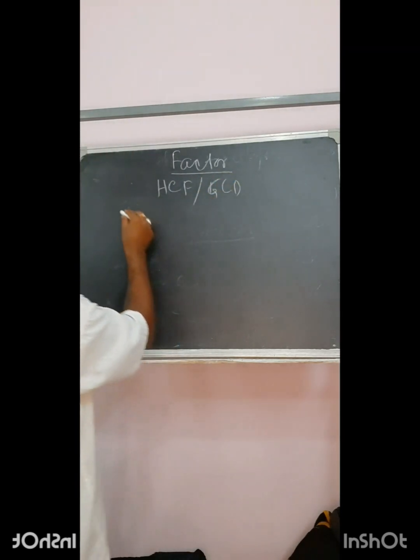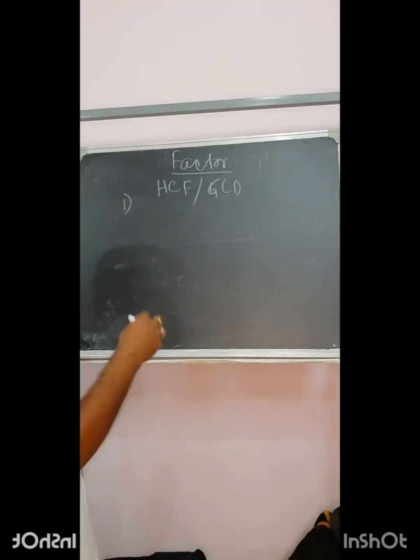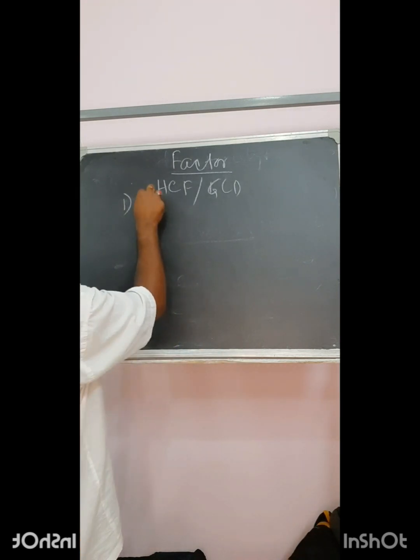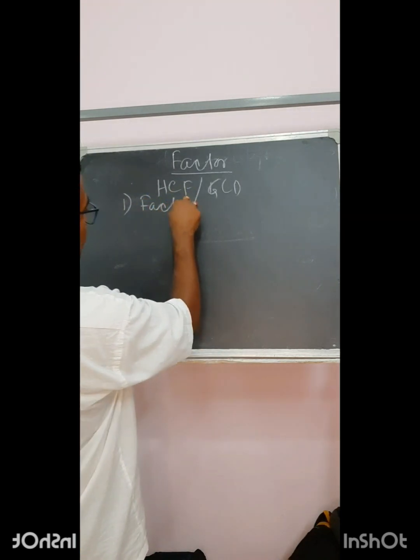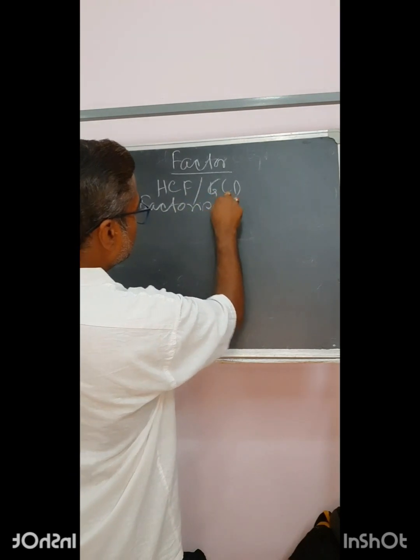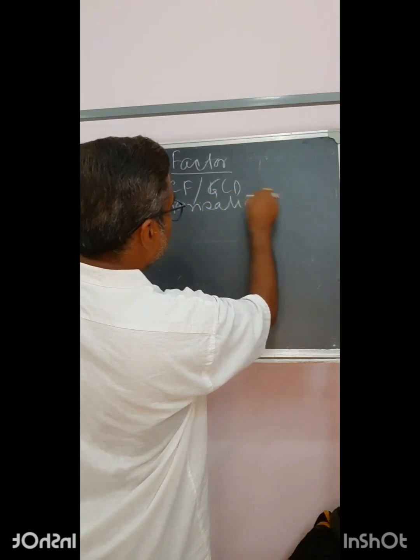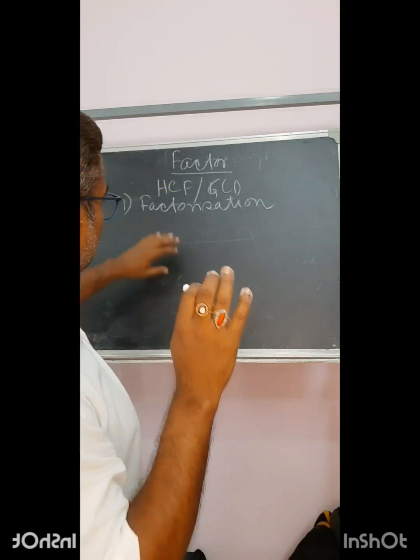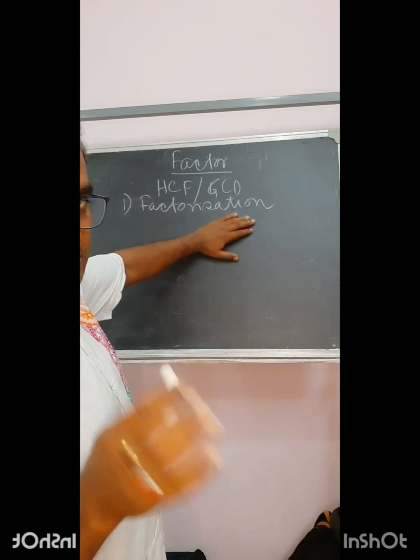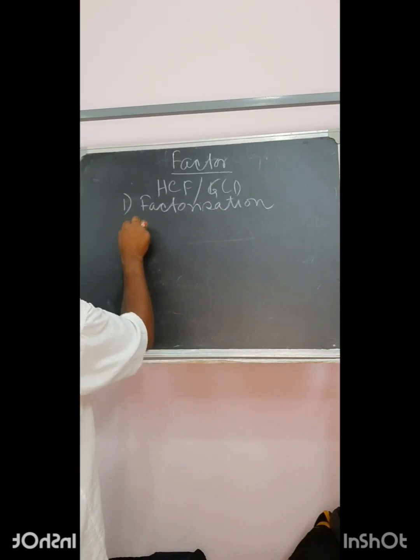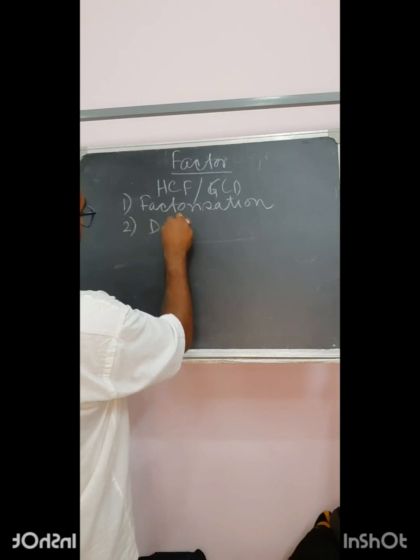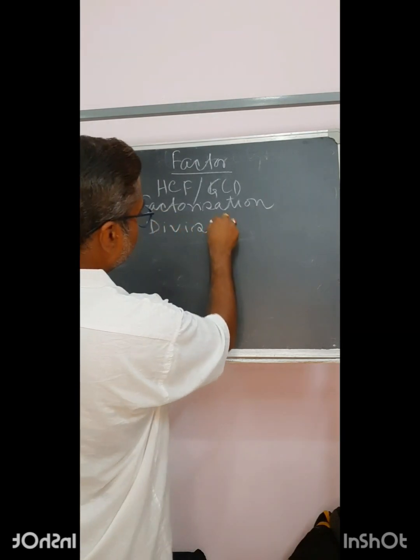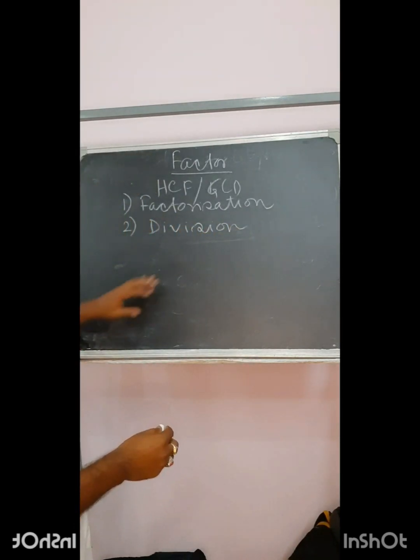In this case, the problem can be sorted out with the method of factorization. Factorization is nothing but calculating the factors of the number, or the second is the division method. Okay, so one by one I will show.